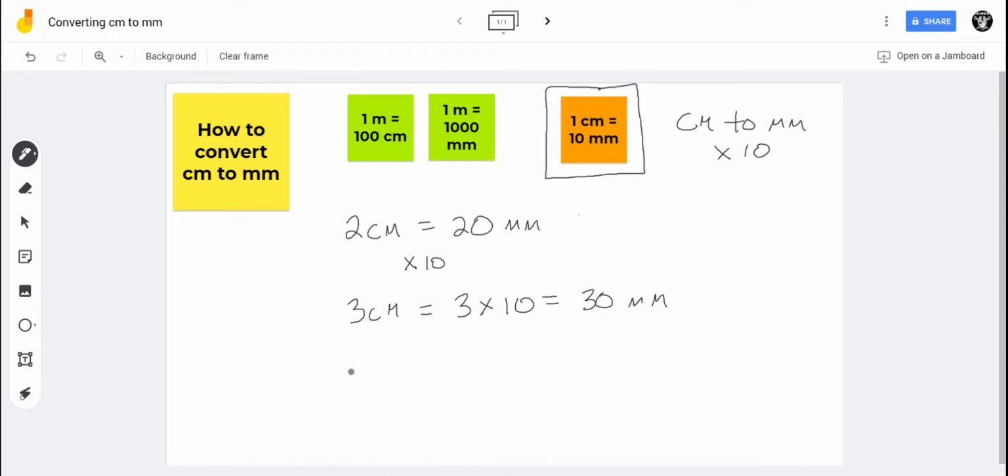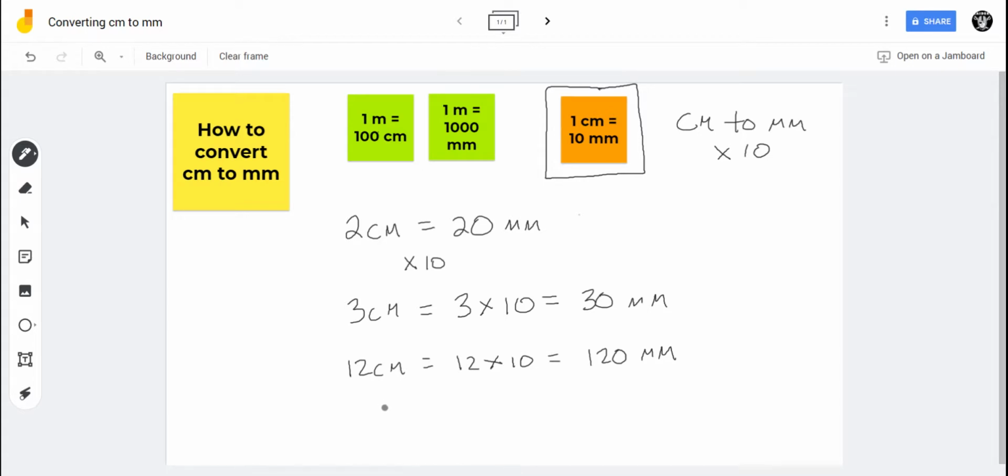And that can work with bigger numbers too. Let's say you got all the way up to 12 centimeters. To figure out how many millimeters that is, 12 times 10 will give me the millimeters. And so now I know 120 millimeters is equivalent to 12 centimeters, okay?